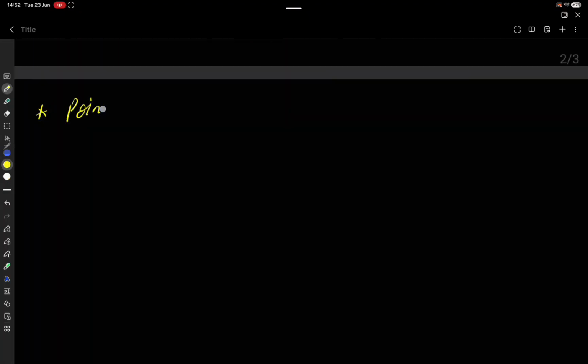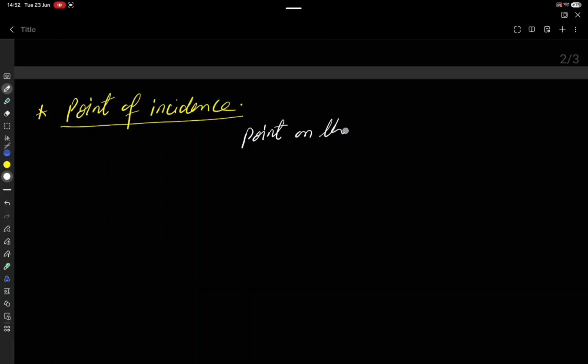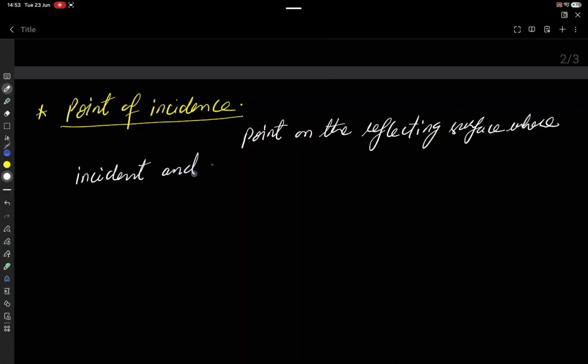Point of incidence: the point on the reflecting surface where the incident and reflected ray meet.